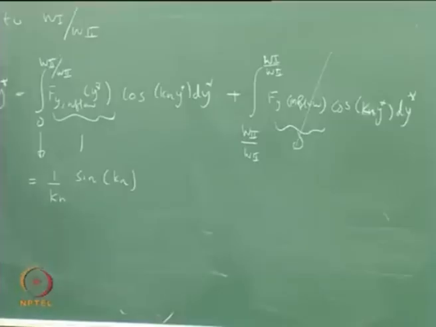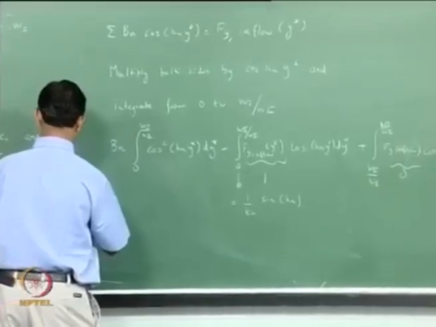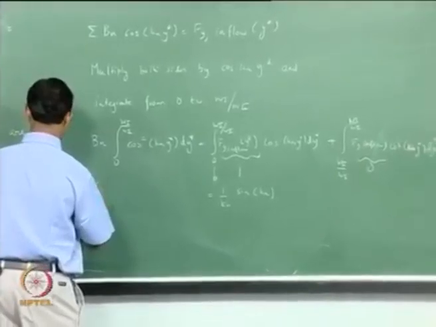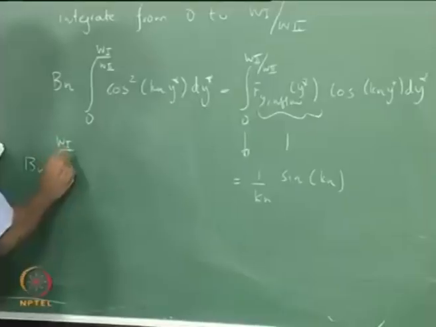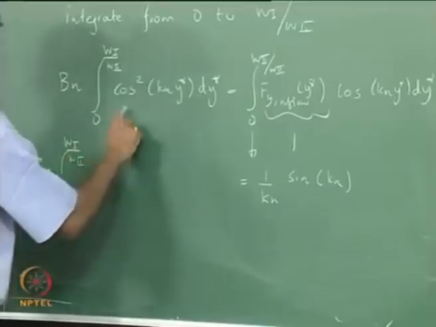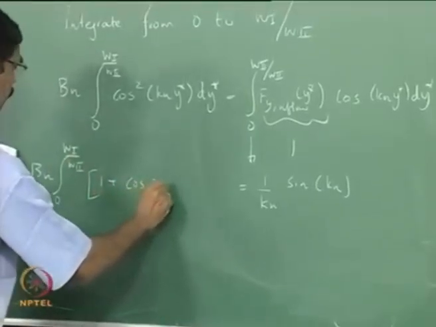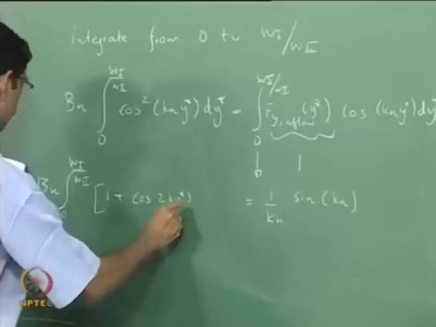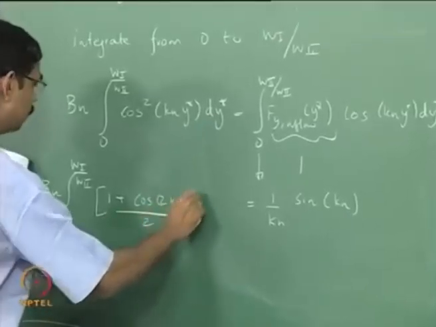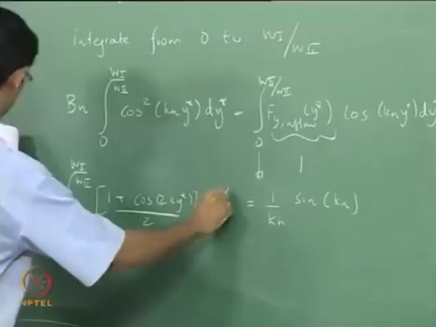On the left hand side we will do this integration, so you will get Bn times integral 0 to W1 over W2 of this. To integrate we will say it is 1 plus cos 2 k y star over 2 dy star.